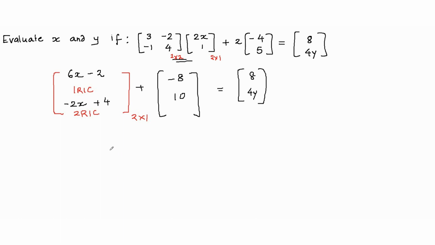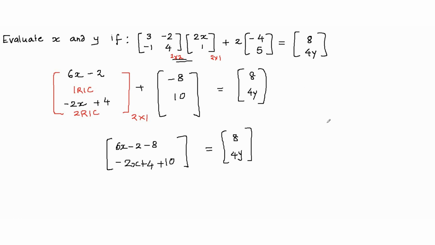So now I can add these corresponding elements. I get 6x minus 2 minus 8 and negative 2x plus 4 plus 10. This is equal to 8 and 4y. So now I can use the concept of equality of matrices. If two matrices are equal, then their corresponding elements are equal, which means 6x minus 2 minus 8 should be equal to 8.